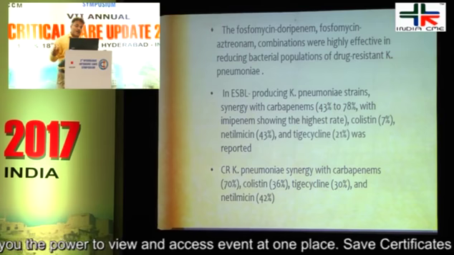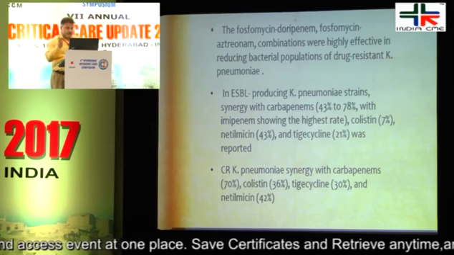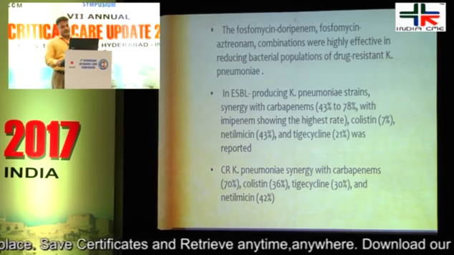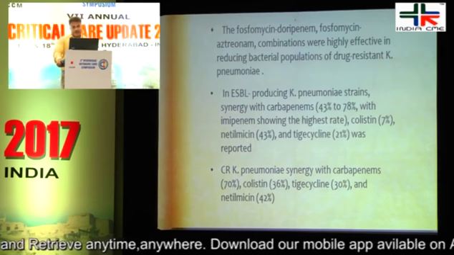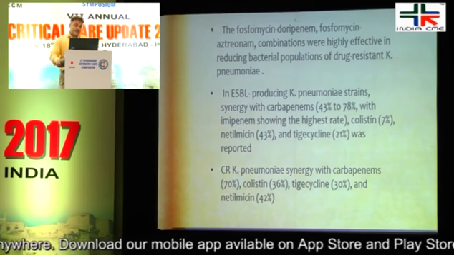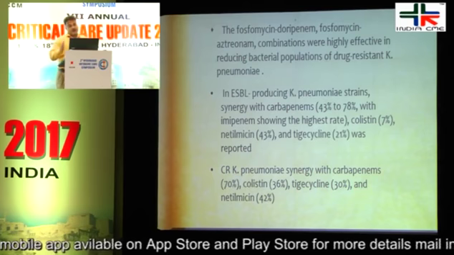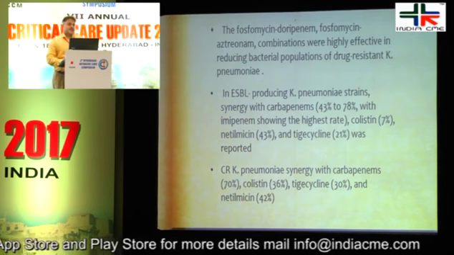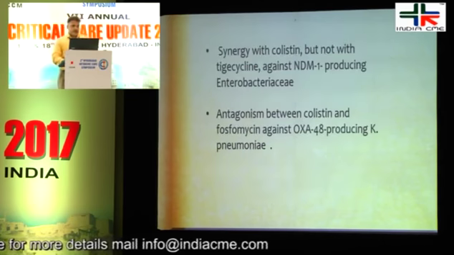Some have reported only 7% with colistin and imipenem having synergistic action. While in carbapenem-resistant Klebsiella pneumoniae, synergism was better. 70% with carbapenem had synergy, while colistin had 36. So we start seeing different observational studies. Probably fosfomycin and carbapenem have better synergistic action than fosfomycin and colistin according to this.